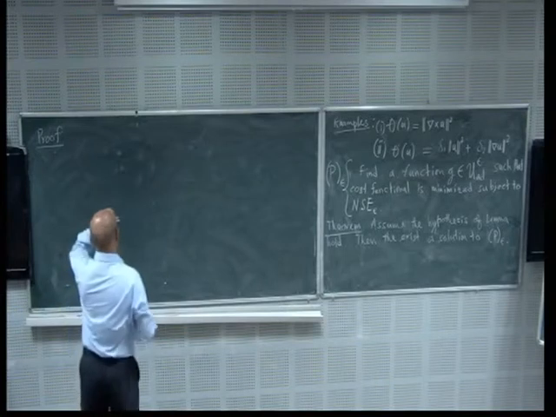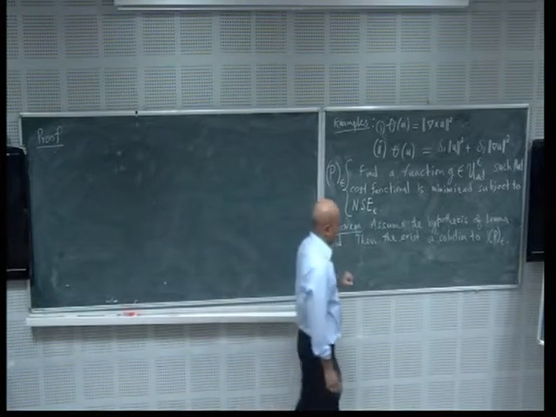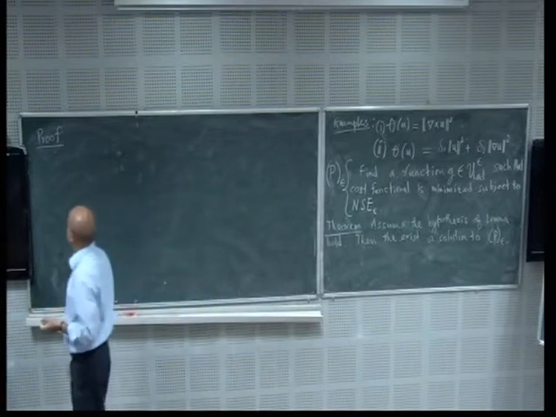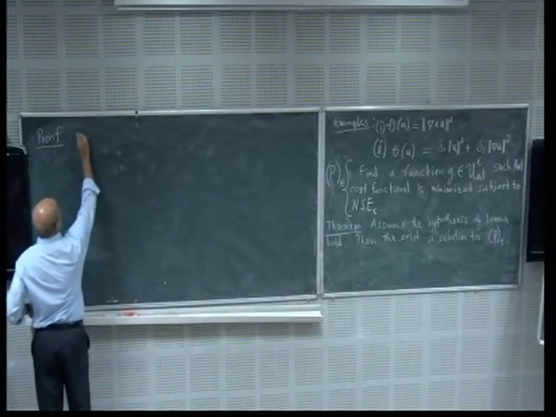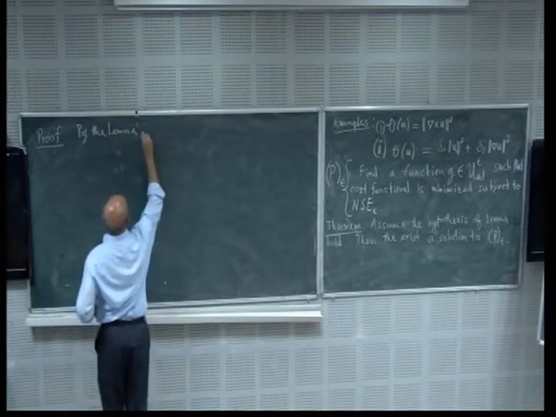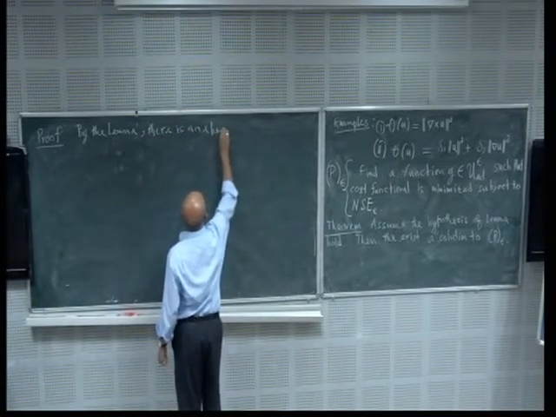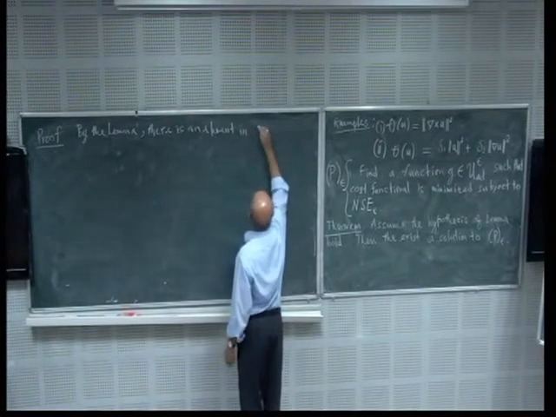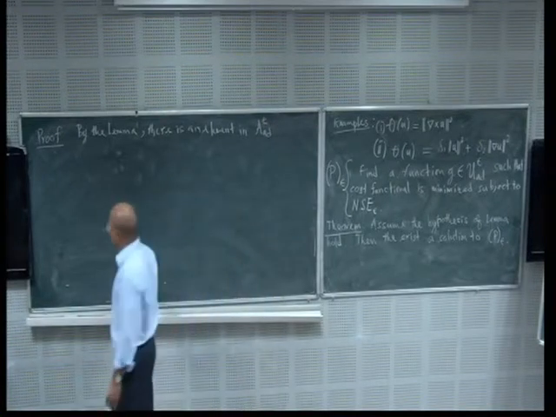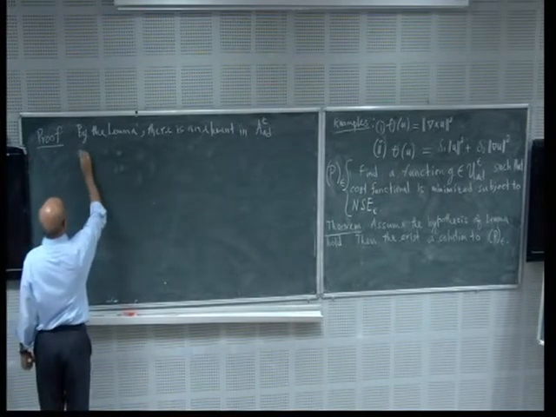Okay, so the first thing we notice: in the lemma I proved, we showed the existence of a solution to the state equation. So by the lemma, there is a pair in this admissible set, so the admissible set is non-empty. Therefore, I can extract a minimizing sequence.